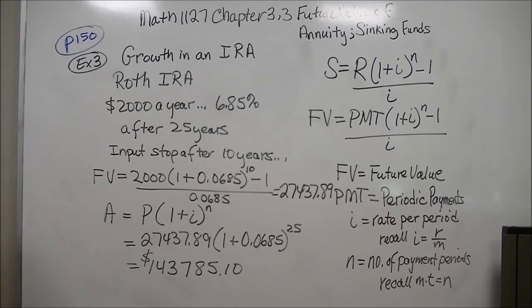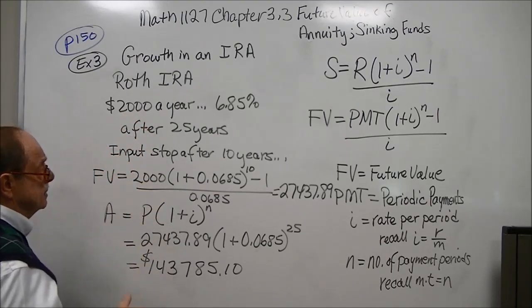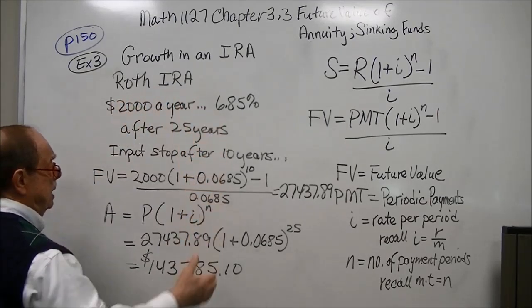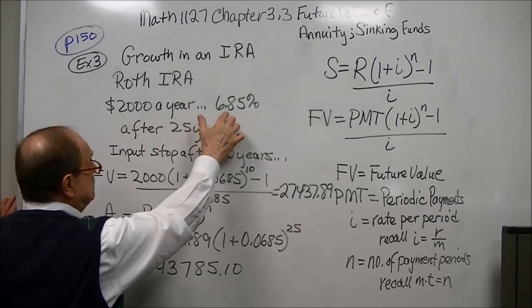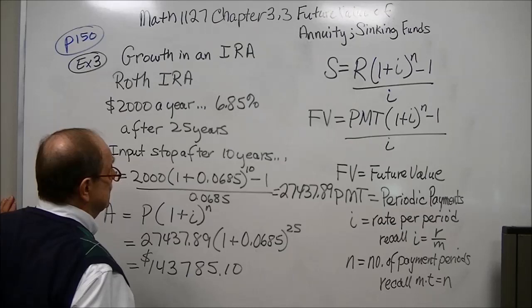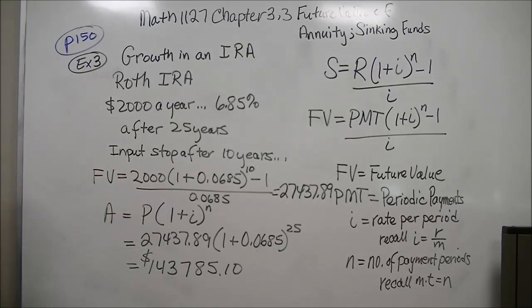And let's just look at what this person was able to do. He was able to put $2,000 into this Roth IRA a year at 6.85% interest. Now, he was able to do that for 10 years.